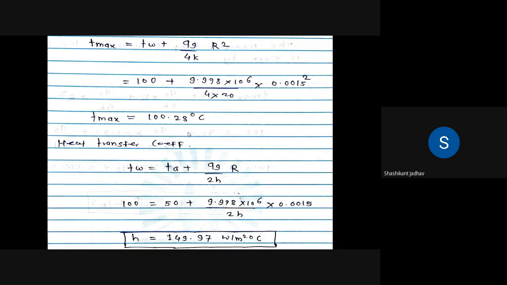That is the heat transfer coefficient. So from this we have to calculate the value of h, and what is the value of h? That is 149.97 watt per meter square degree Celsius. Do the calculation by yourself. Don't write the answer directly. First of all, do the calculation by yourself, and then write h is equal to what.